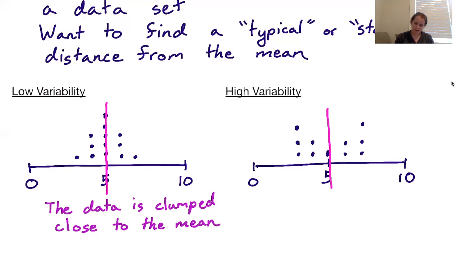But the data is clumped at the outskirts.